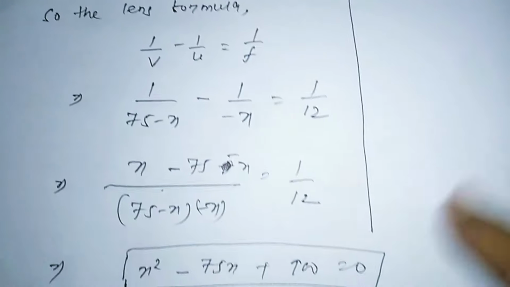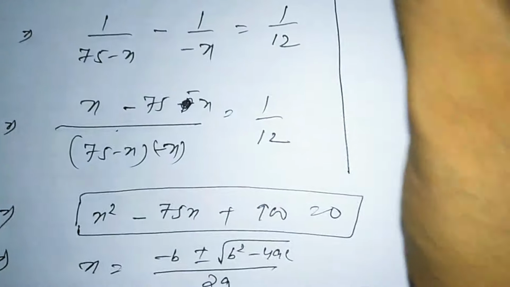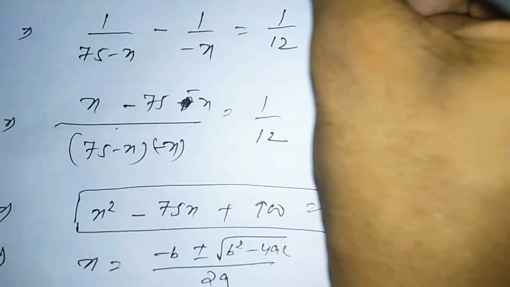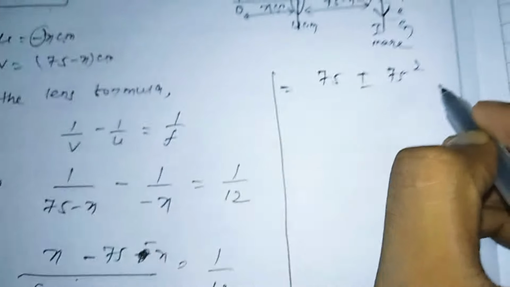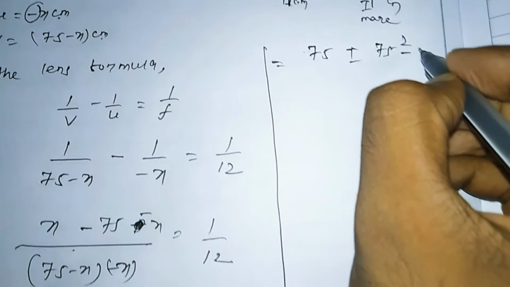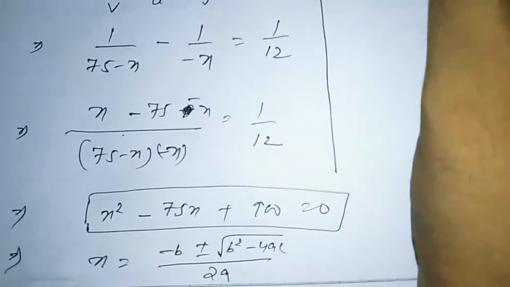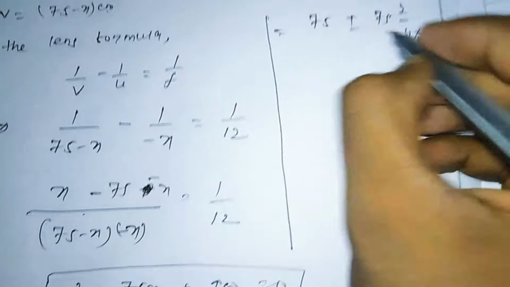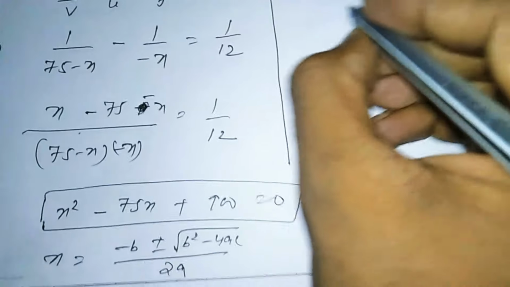Putting these values in the formula, we get minus b, that is 75, plus or minus square root of 75 square minus 4 into 900, because a here is 1, upon 2a, that is 2.